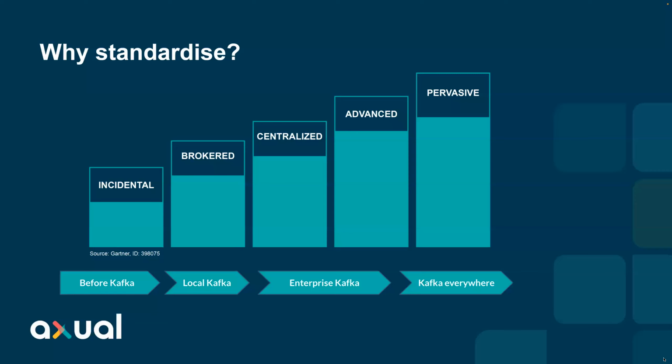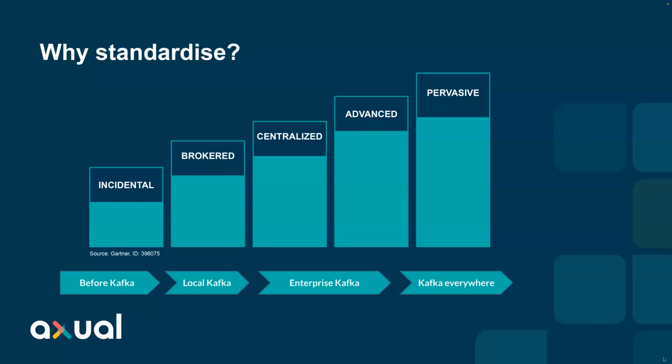So at some point, it also makes sense to do away with all the unpredictability and to go to a centralized Kafka. A centralized Kafka is the next step for converging all of the decentralized Kafka.